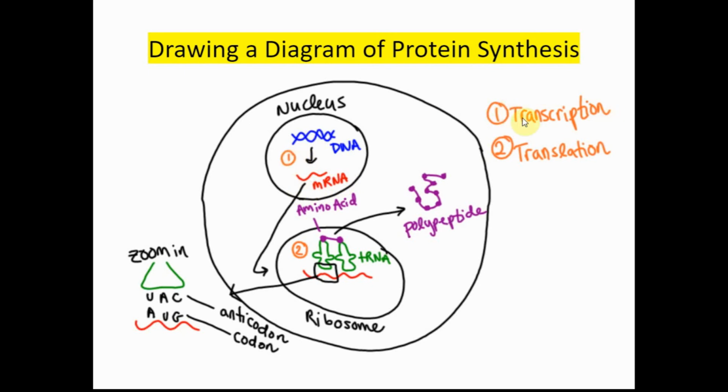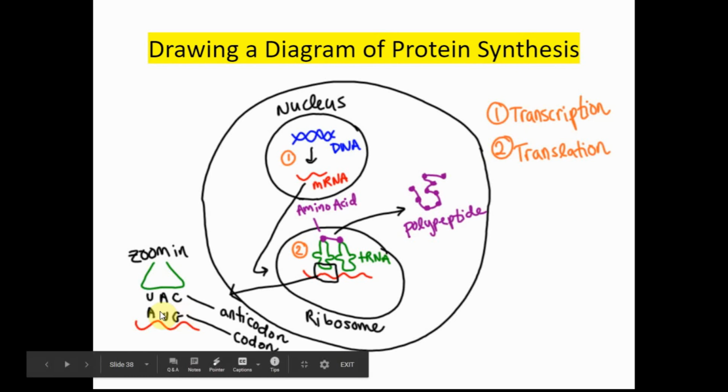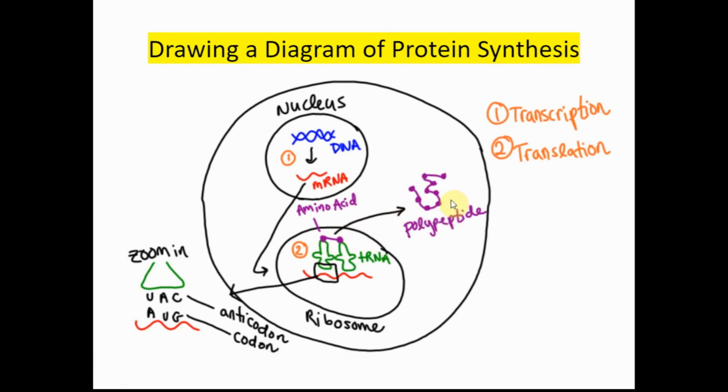That process is called transcription. mRNA leaves the nucleus and travels out to the ribosome. Okay. In the ribosome, our little green tRNAs are going to use their anticodons to match up with the codons on mRNA, and then they'll add their little purple amino acids to the growing polypeptide chain. And this step that's happening in the ribosome is called translation.